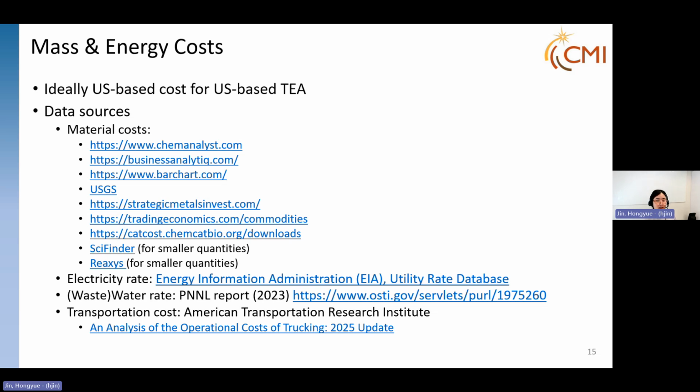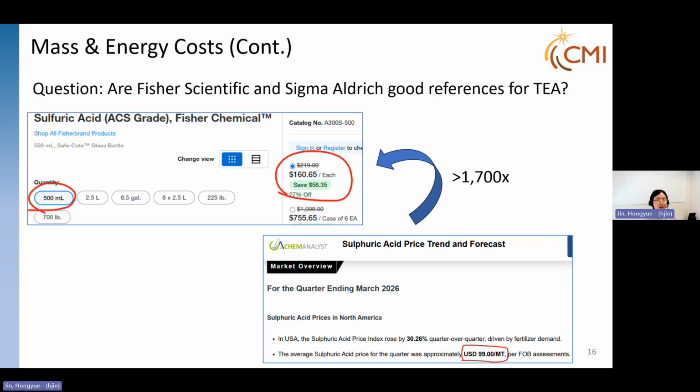So I would say TEA, LCA are more of a data battle. The more we can collect such data sources and have them handy, the more powerful we can be down the road in conducting the analysis.